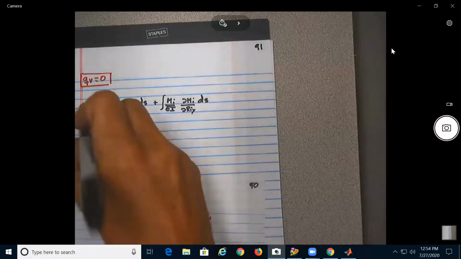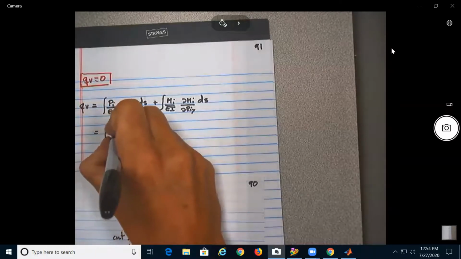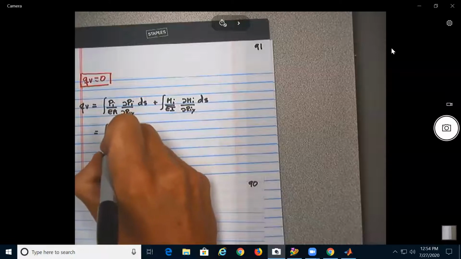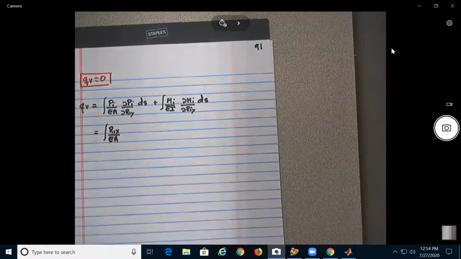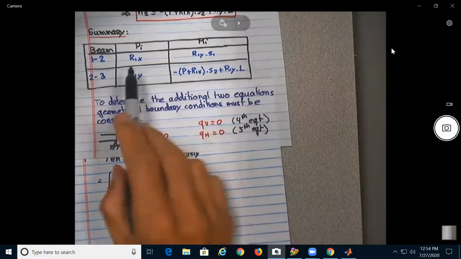So we have here R1x over EA. Now, if we go to the table we had before, which is on the page I had, R1x is equal to what?